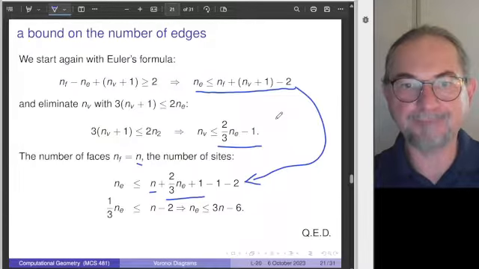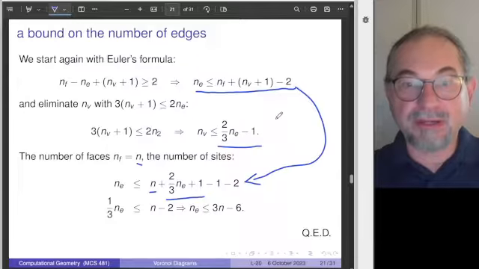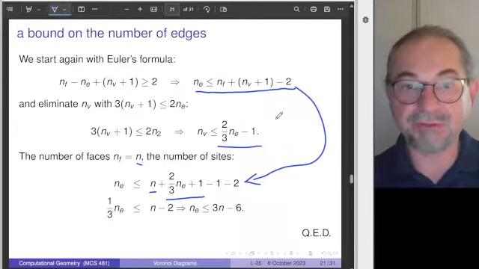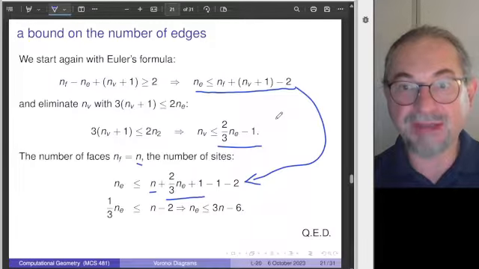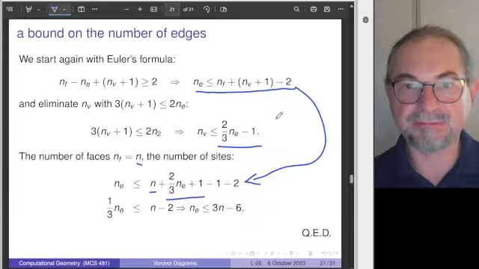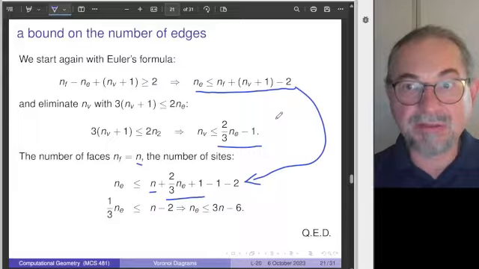Okay. All right. And this gives us then the second part of the result. The number of edges is bounded by 3 times n minus 6. Quod erat demonstrandum. So this is the main theoretical result.